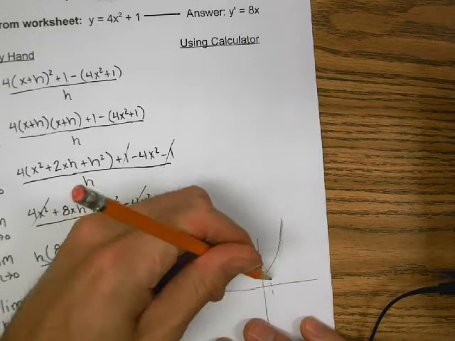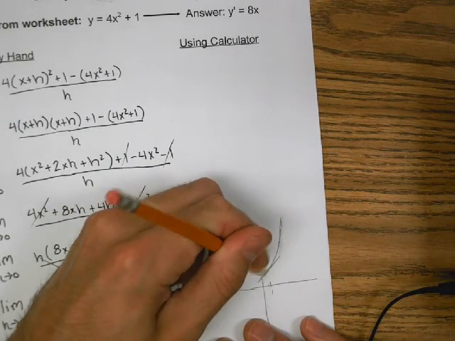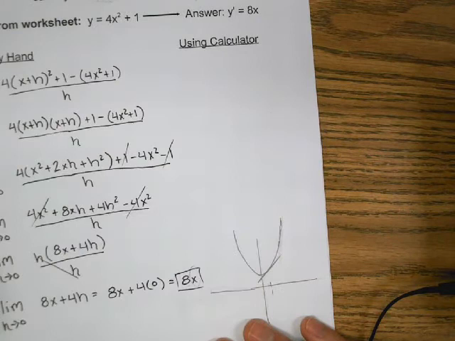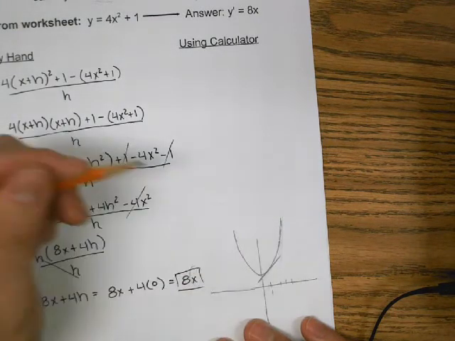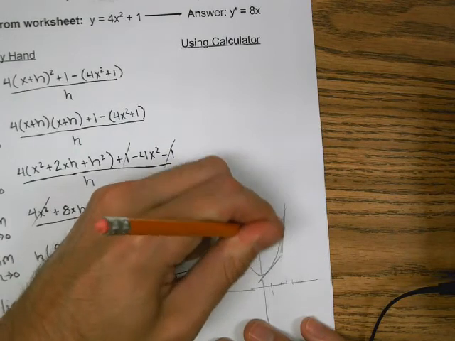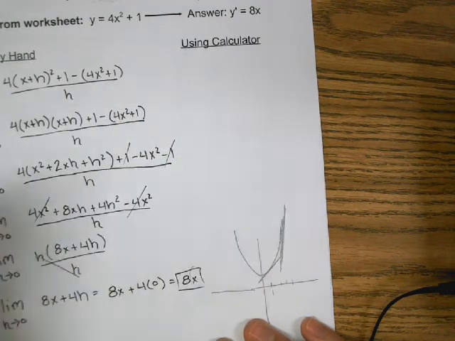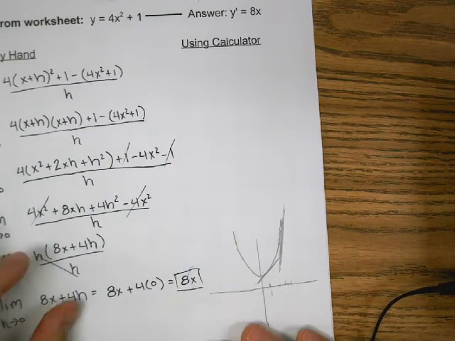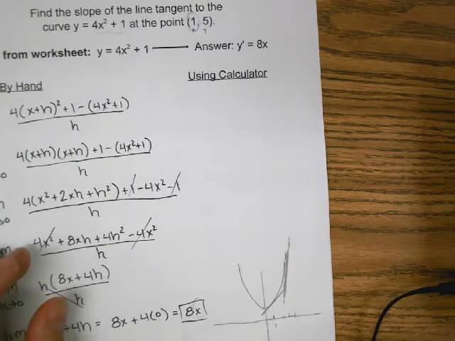If I'm at where x is 1, the slope of my tangent line is going to be something like this, right? Whereas if I'm all the way over here at like 5 or 6, the slope of my tangent line is going to be a lot steeper. I know I'm making a thick line here, but it's going to be a lot steeper. So your value is all going to depend on what x value you plug in.